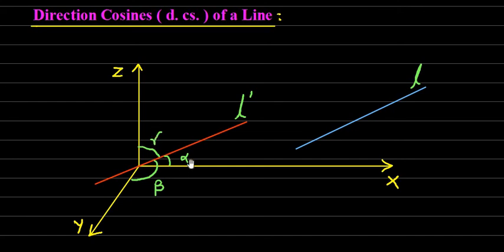Then the cosine ratios of alpha, beta and gamma are called the direction cosines of the line L dash, means of the line L also. So it is explained here by drawing the diagram, but the actual definition we will also mention here.